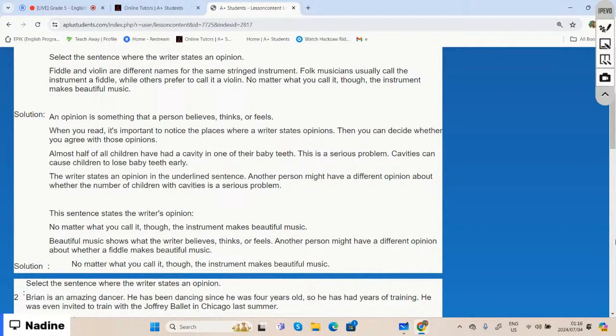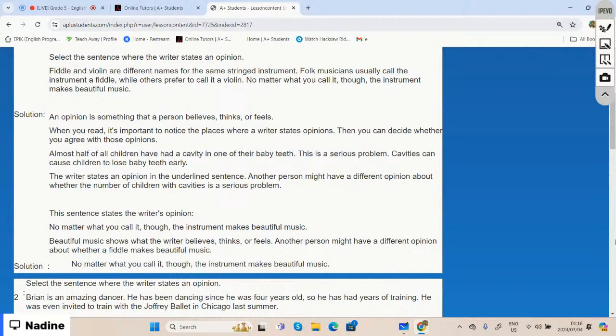Because remember, if somebody were to ask me my opinion on something, I give you information based on what I believe is the truth, what I think, and what I feel about whatever we have just discussed. That is my opinion. You can also give your opinion, and with your opinion, it is basically saying, this is my own words. That is an opinion, right?